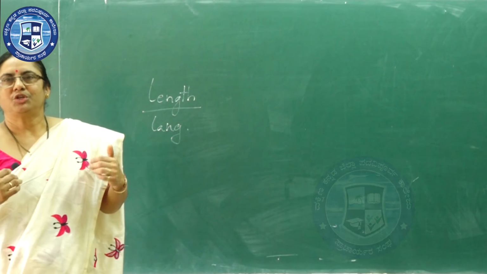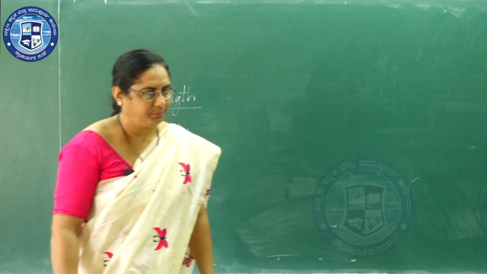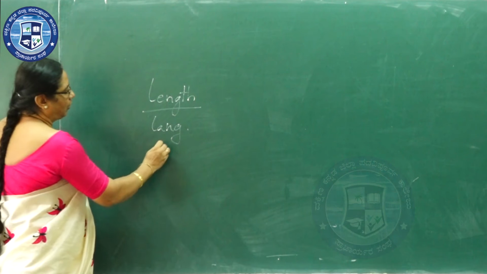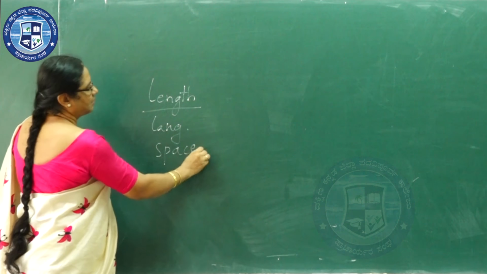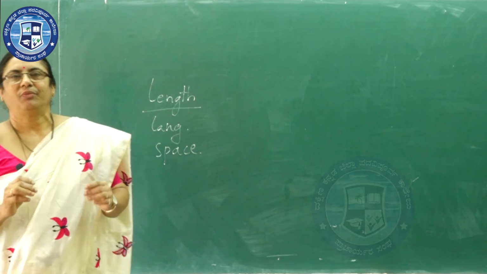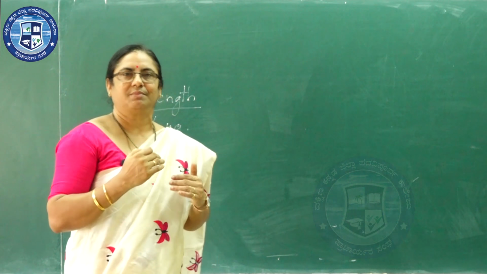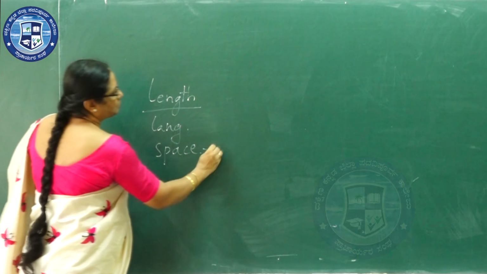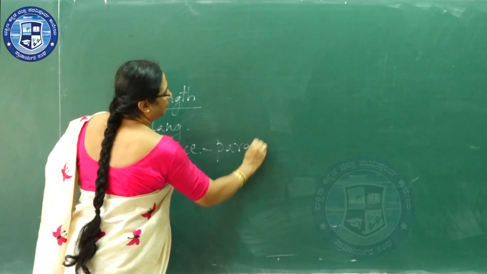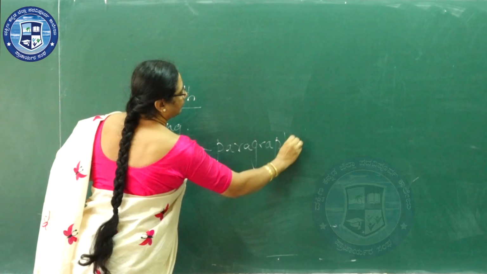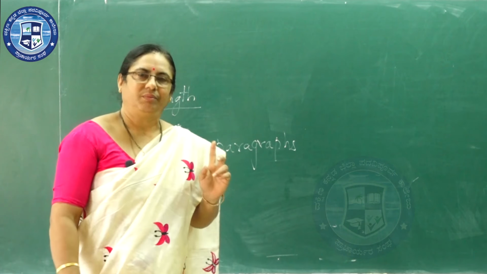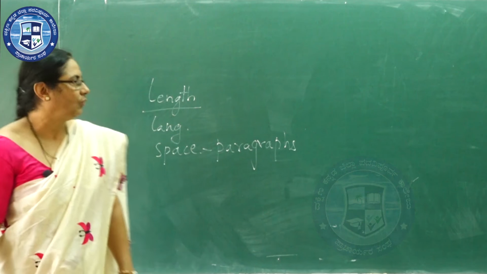So the letter should speak about the individual. We need to take care about the space between the words and also between the lines. The next spacing we've got to keep in mind is the space between paragraphs. So these concepts we've got to keep in mind when we write the letter.